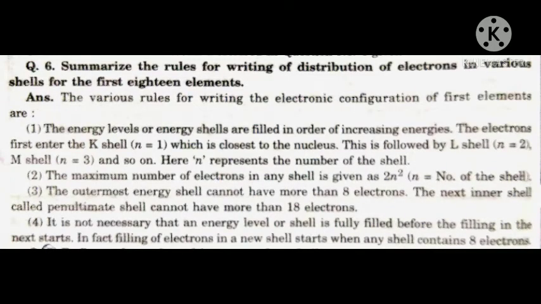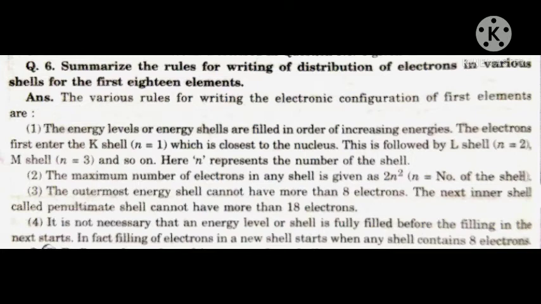Question number 6. Summarize the rules for writing of distribution of electrons in various shells for the first 18 elements. Answer: the various rules for writing the electronic configuration of first 18 elements are: first one, the energy levels or energy shells are filled in order of increasing energies.